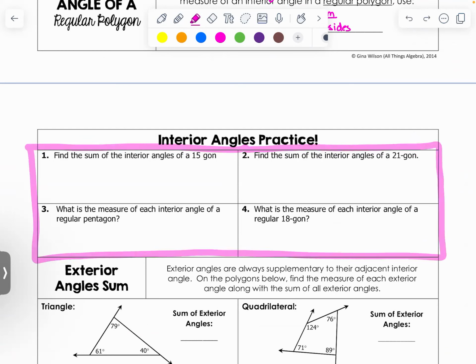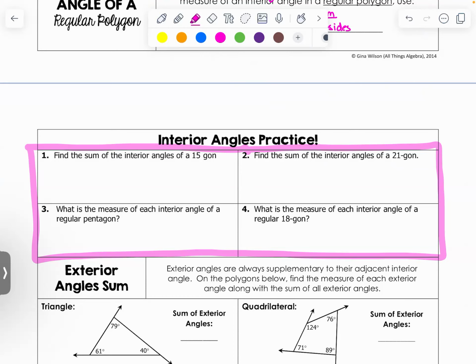How many sides do you think a 15-gon has? It has 15. So minus 2, 13 times 180. Okay, do the math.